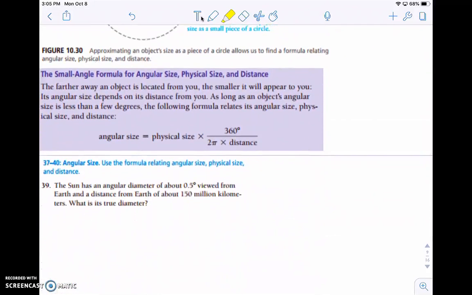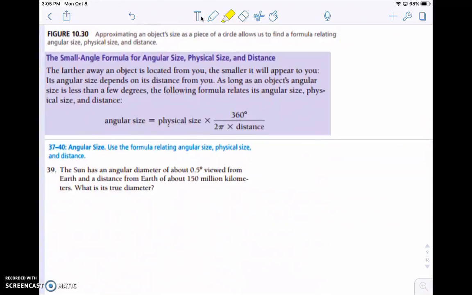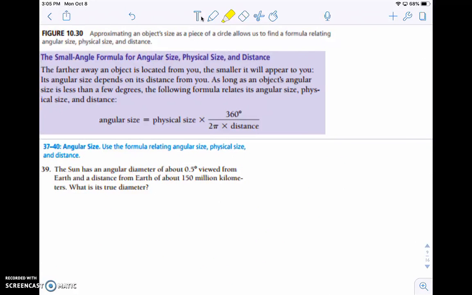So again, here's a formal small angle formula for angular size, physical size, and distance. The further an object is located from you, the smaller it will appear to you, and that angular size depends on the distance from you.